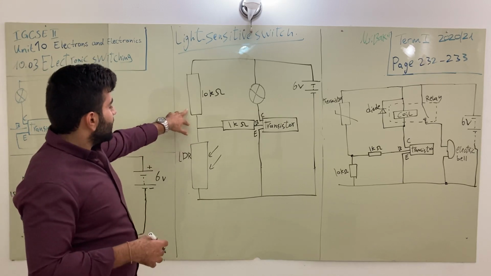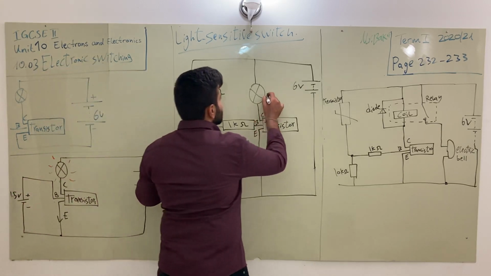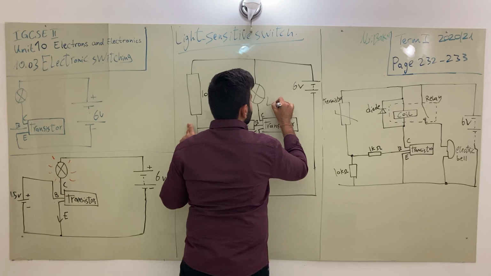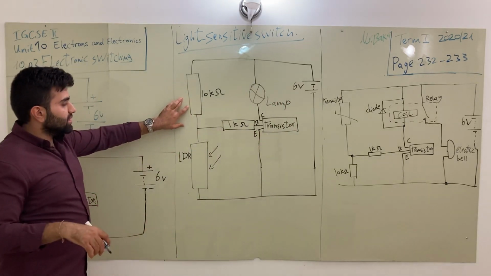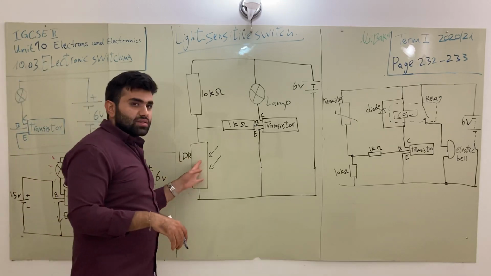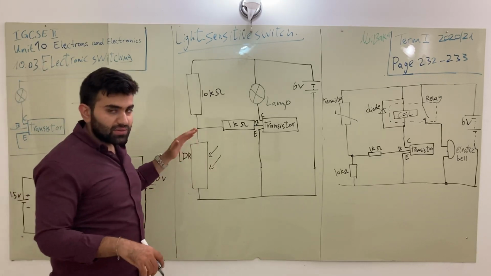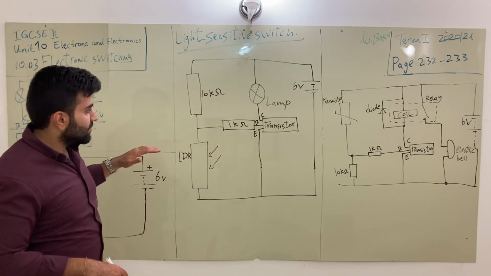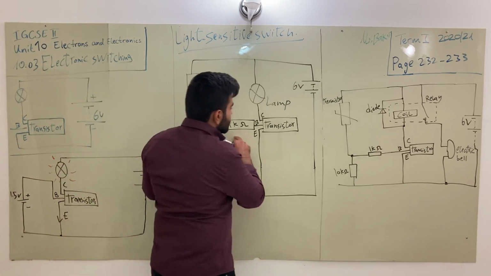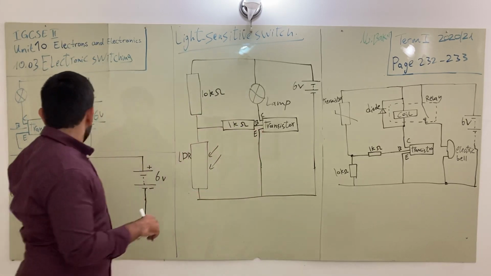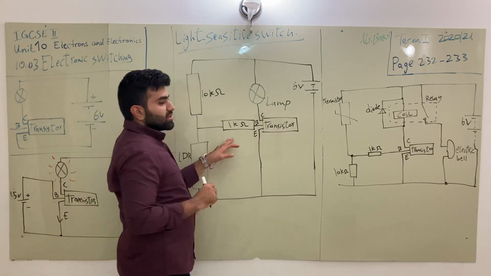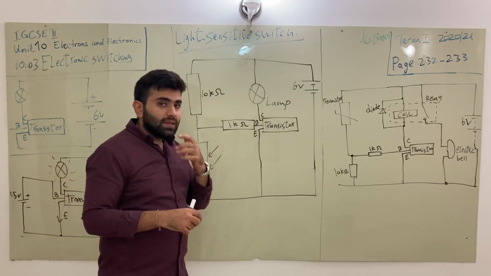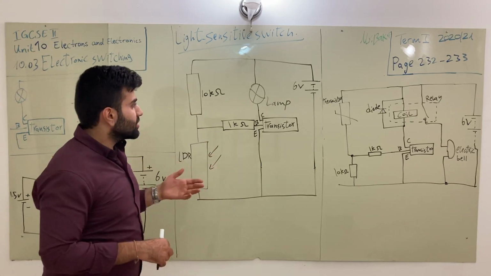So here we have these two resistors and this lamp. The first one is 10 kilo ohm, and here the resistance we don't know its value, it's dependent on its light or its dark. It's connected from this resistor to the base. Here you can see this resistor is for protecting the transistor from having a high voltage or a high current.